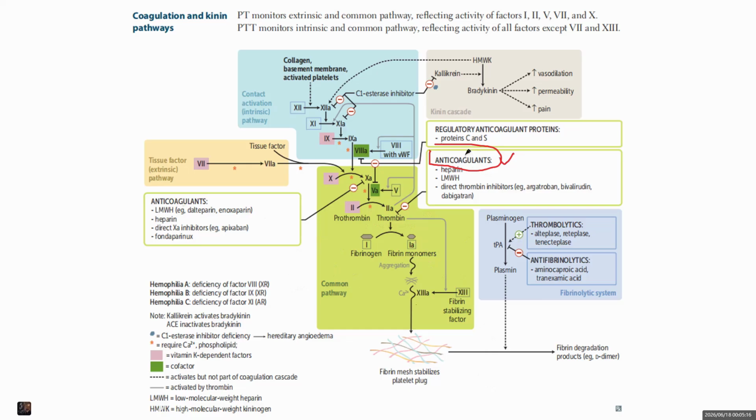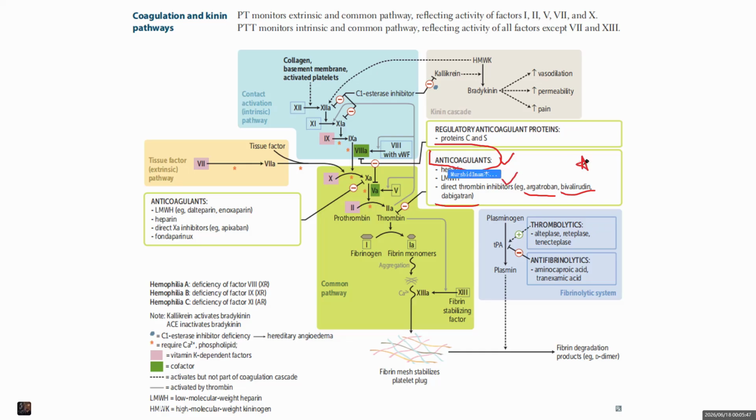All of these are considered as inhibiting or reducing clot formation. Let's look to the right side of the diagram under the anticoagulants. They list the direct thrombin inhibitors, including all of these three, right?